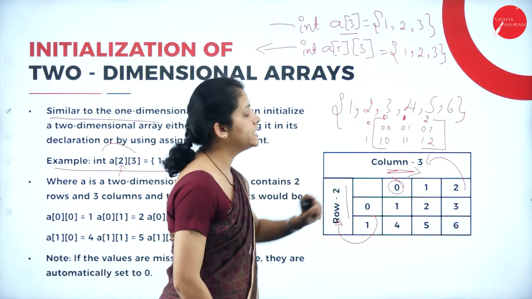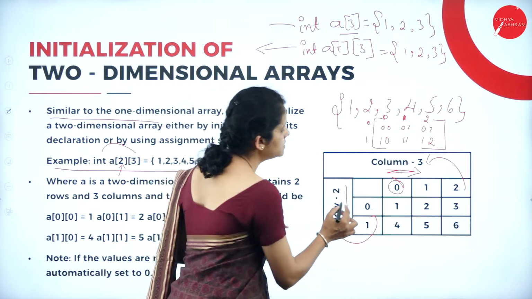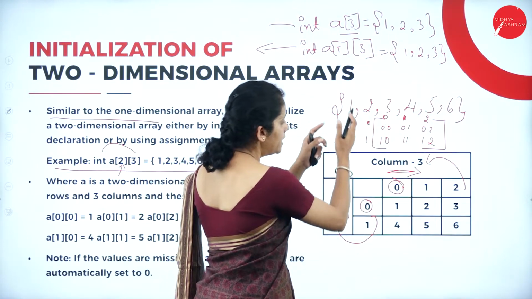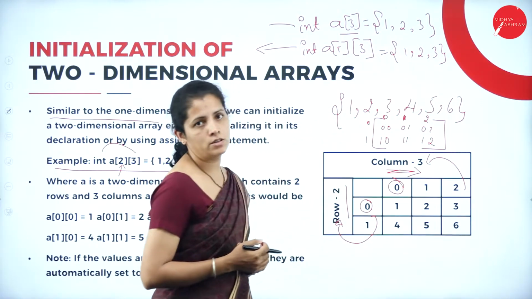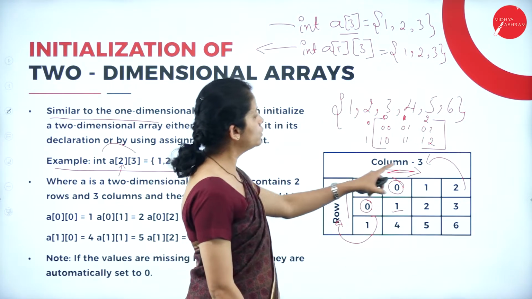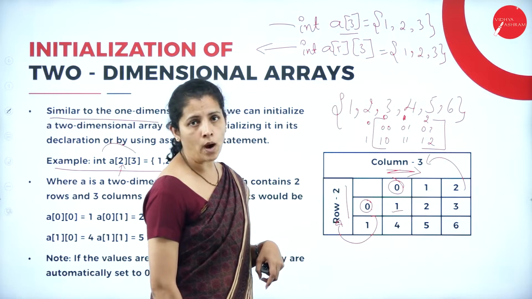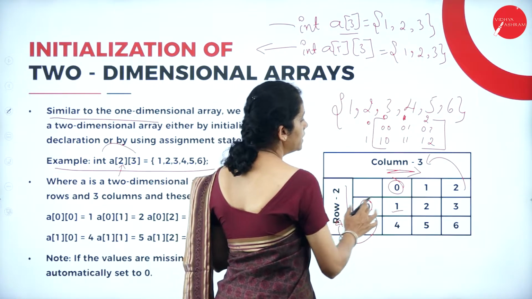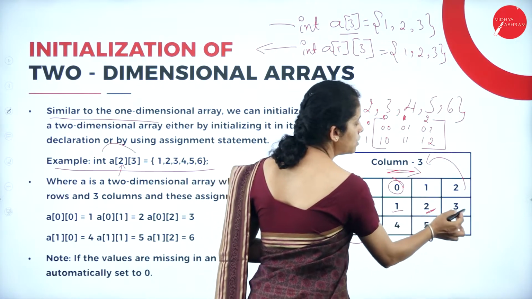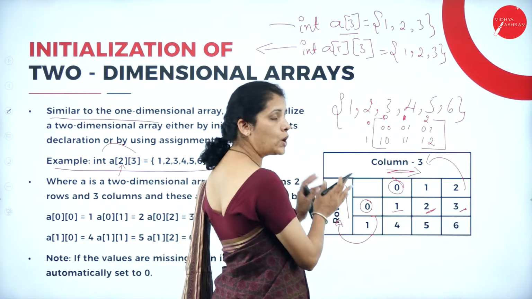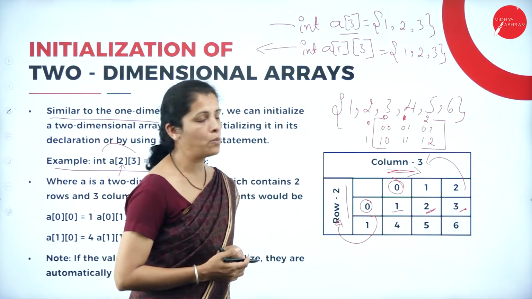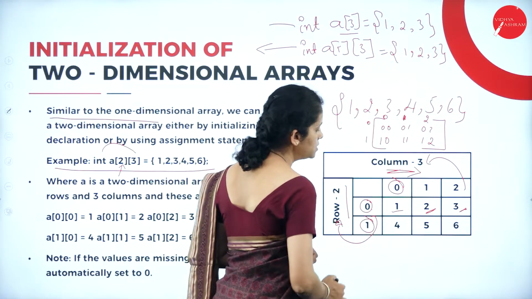Similarly, I want to place the values here. First I have the 0th row and 0th column. In the place of 0th row and 0th column, I place 1 and increment the column by 1. In the next column I place 2. In the next column it is 3. But the row remains as it is. Now the row is incremented by 1, so I am in the first row.